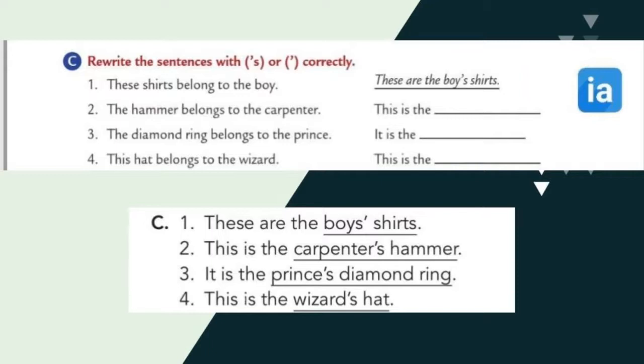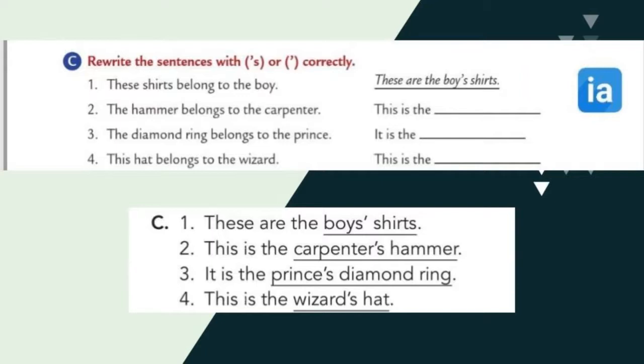So what do we have to do? For singular nouns we should use apostrophe s. So the rewritten sentence is, these are the boy's shirts, because they already mentioned in the sentence that the shirts belong to the boy. We should use apostrophe s after the noun boy.